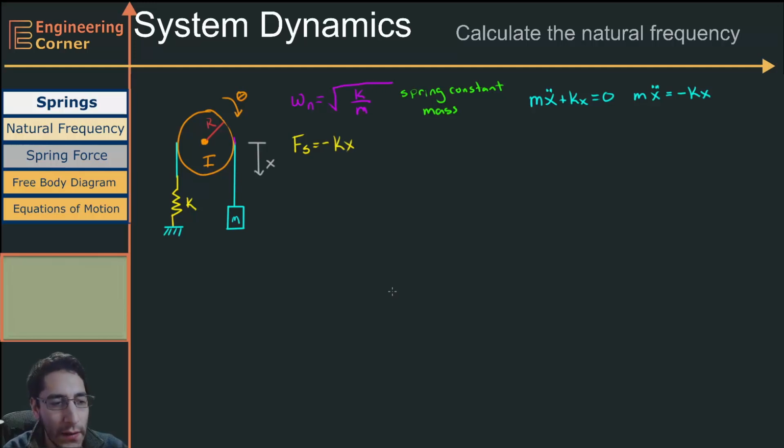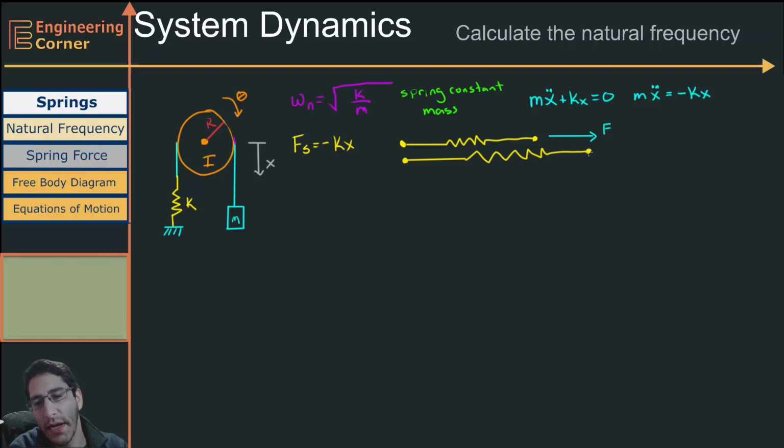Let's look at this in a little bit more detail. First, let's say I have a spring, and the spring has some initial unstretched length. So when no force is applied to it, this is the equilibrium position of the spring. Now, I apply a force to the spring, and this makes my spring stretch a bit.